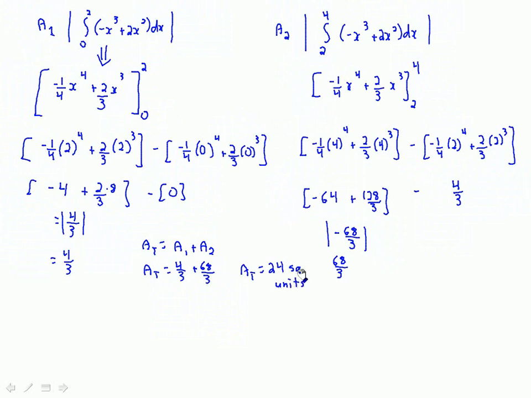Now, had you done this on your calculator, just for inspection purposes, had you done it from 0 to 4, negative x cubed plus 2x squared dx, let's see what we get. So y1 is equal to that function, negative x cubed plus 2x squared.